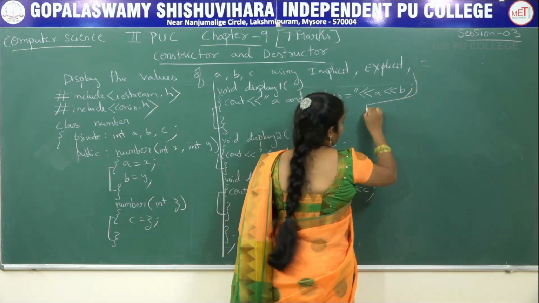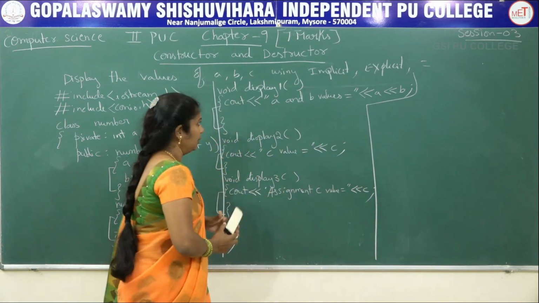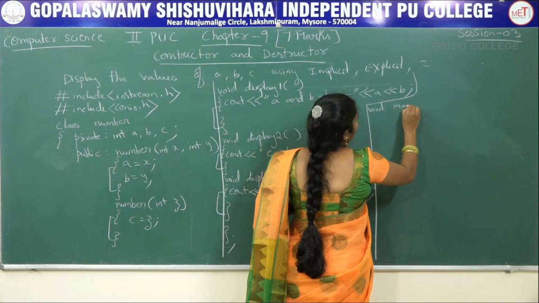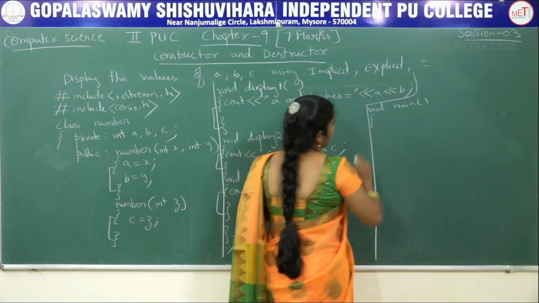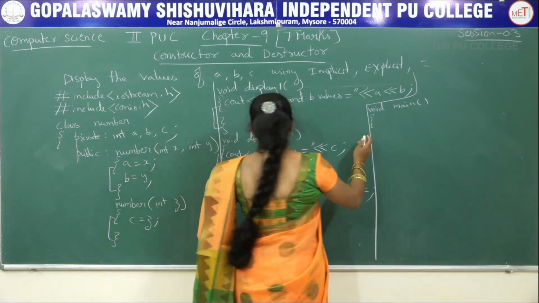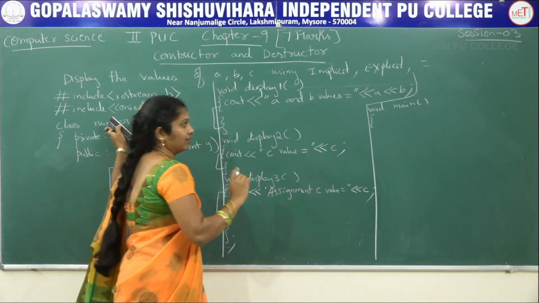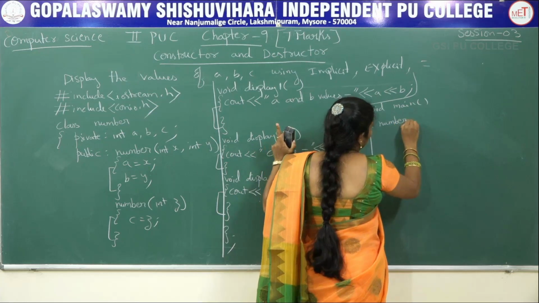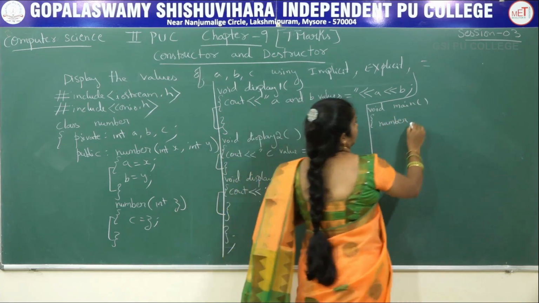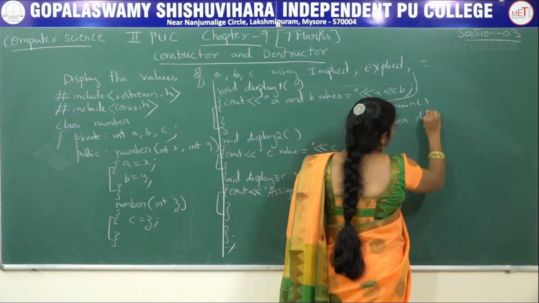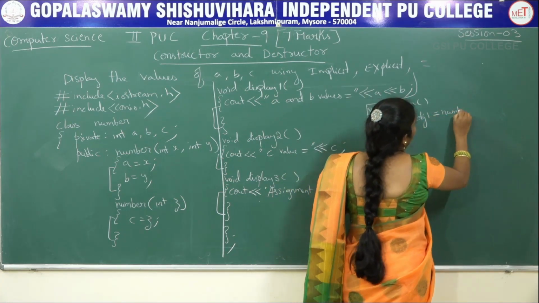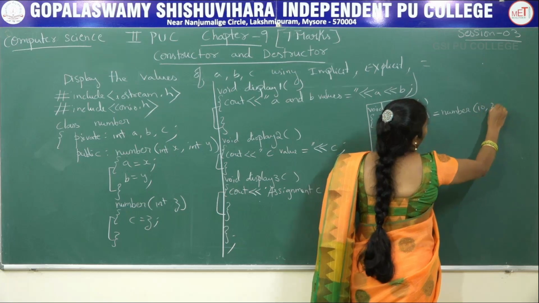Next, I am going to write the main program, void main. Here create the object. How to create the object? The class name is Number. Object1 equals Number, inside the bracket 10, 20.